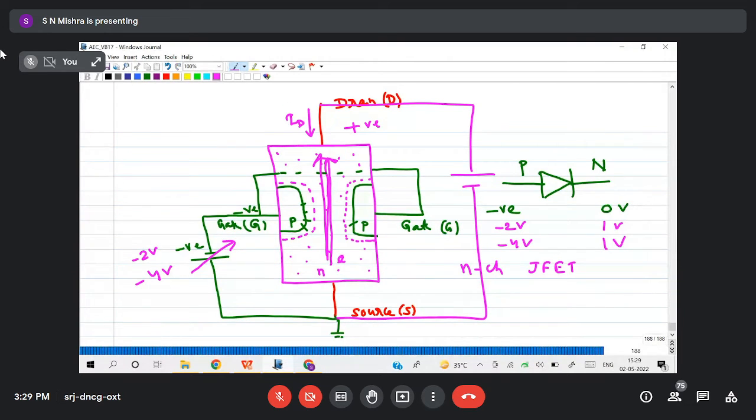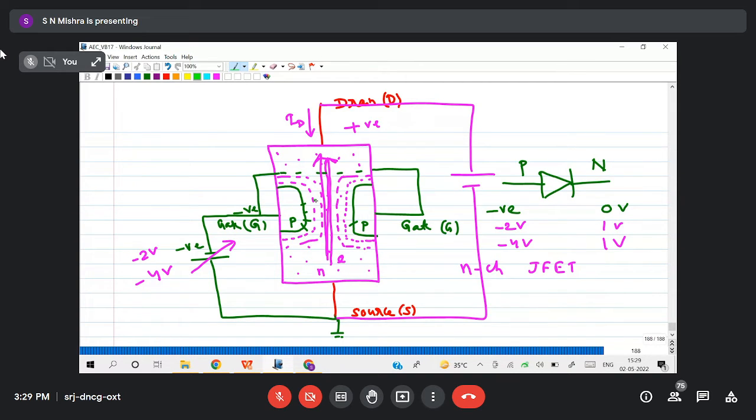So is this junction more reverse biased or less reverse biased? More. More means the depletion region will increase? Yes, sir. The depletion region will increase, which means this is the region. Now check it.